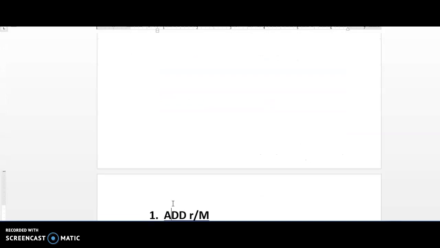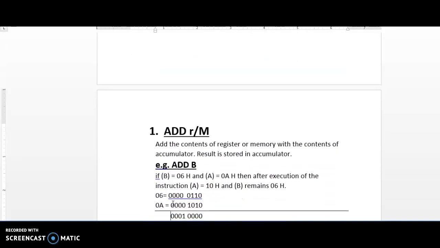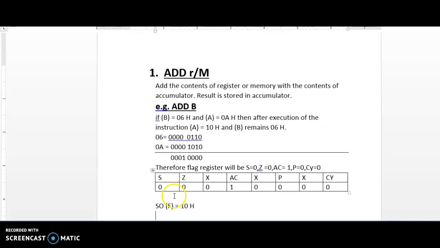Now the syntax of the addition instruction is ADD, and then you have to mention the register name or M. We have already seen what the registers in 8085 are. A, B, C, D, E, H and L are the general purpose registers. So any one name of the register you can write.